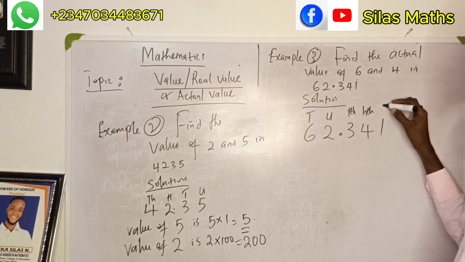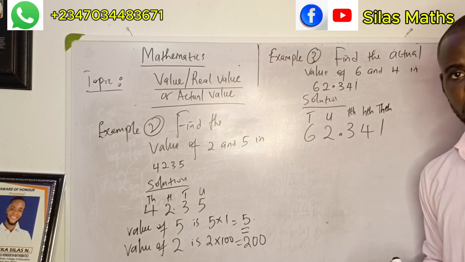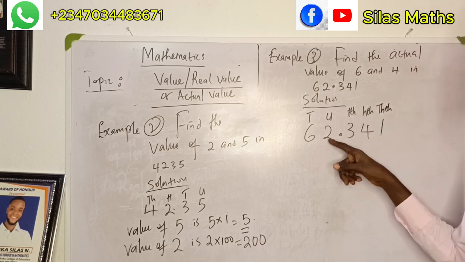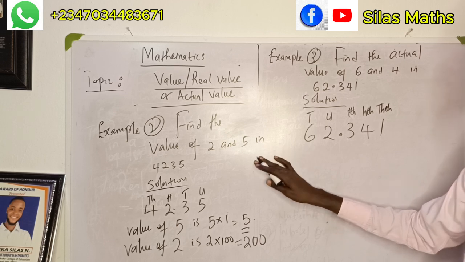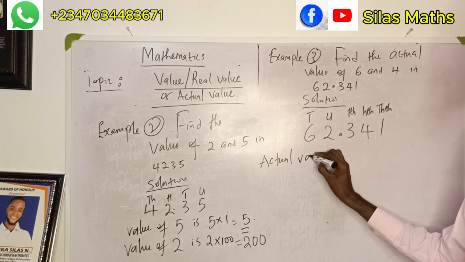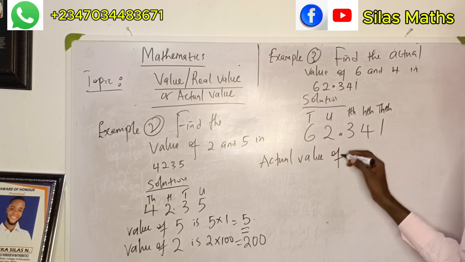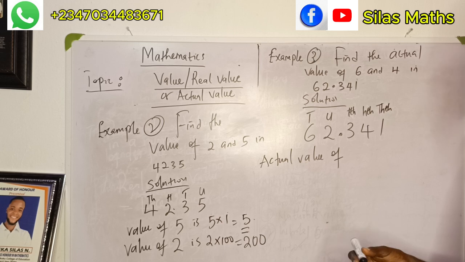Why this is what? Thousandths. So let's take a look at this. Already we know for 6, the actual value of 6, which is the value, right? Remember, the actual value is same as value, is same as real value. They are all the same thing.